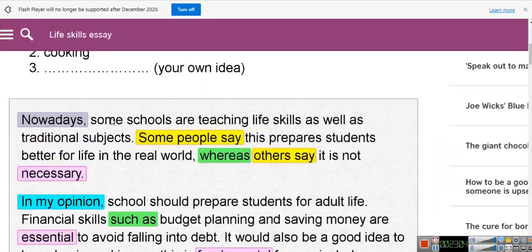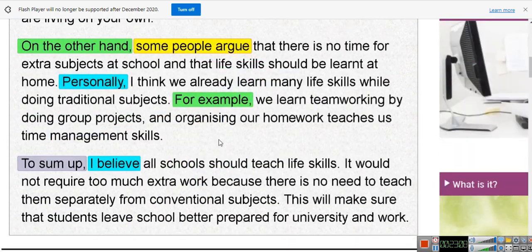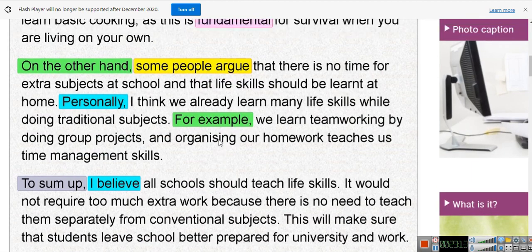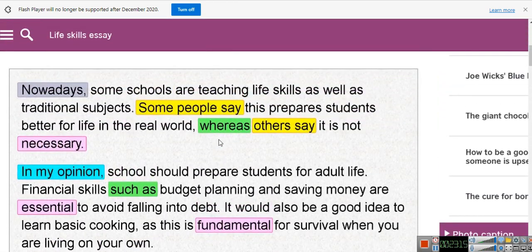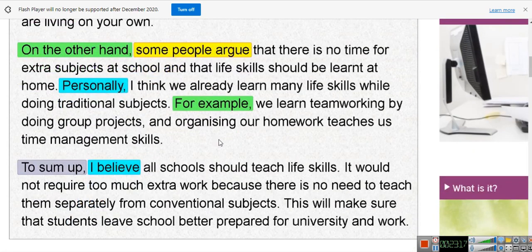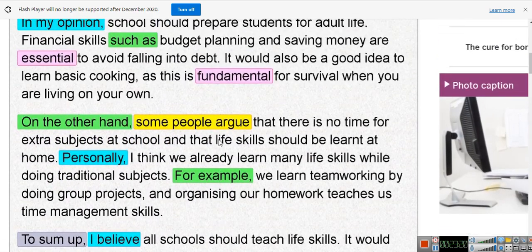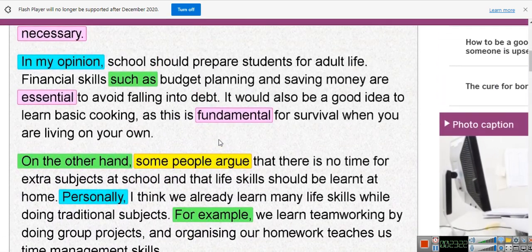Alright, so Alejandro, please tell me what was this text about in general. Well, the text tells about how school prepares the students for their adult life.